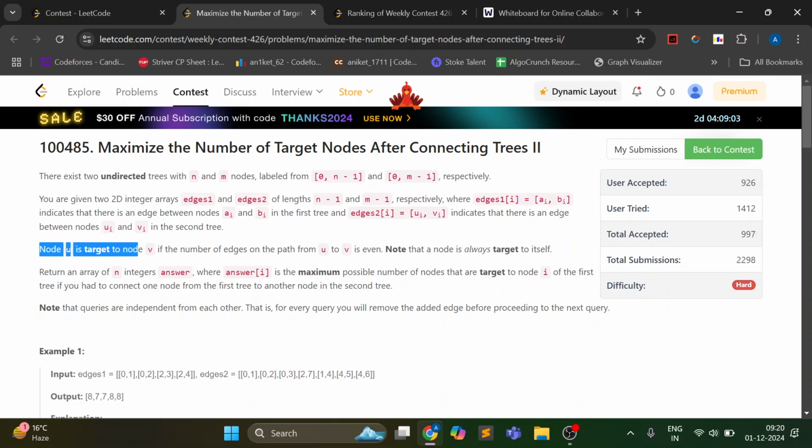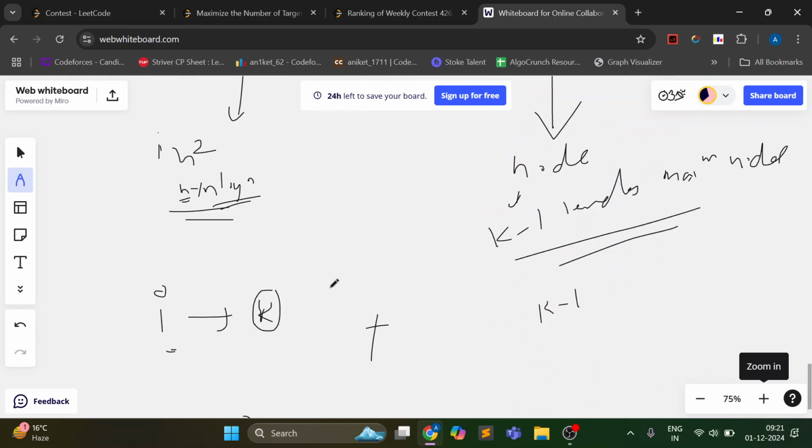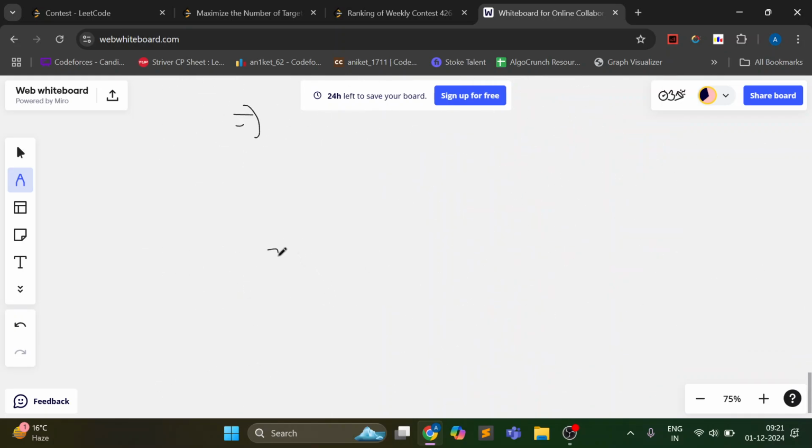The condition here is that node u is a target to node v if the number of edges on the path between u and v is even, and a node is always a target to itself because the number of edges between the node and itself would be 0, and 0 is even. So that is clarified here. Now this has a similar logic, I would say.